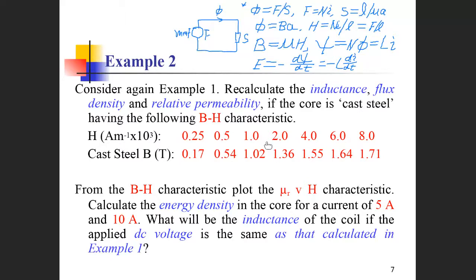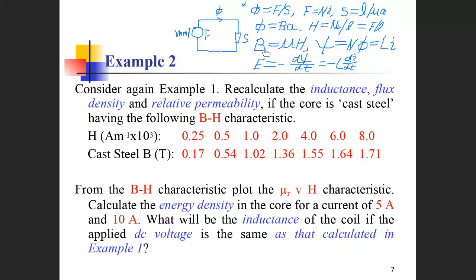And when H increases to 1 kilo ampere per meter, the flux density increases to 1.02, and so on. Look here, the relation between B and H is non-linear.